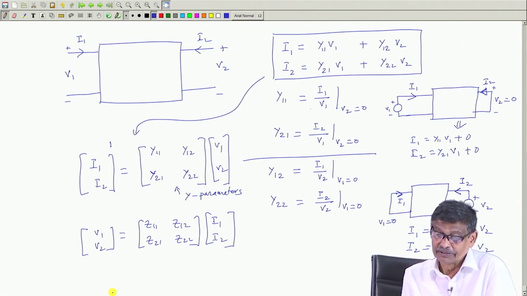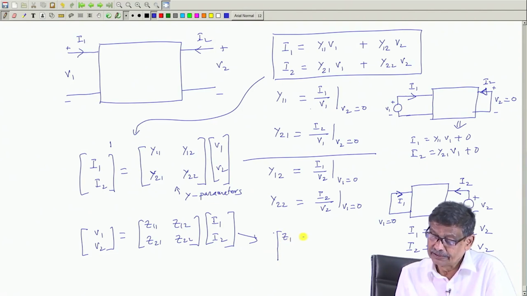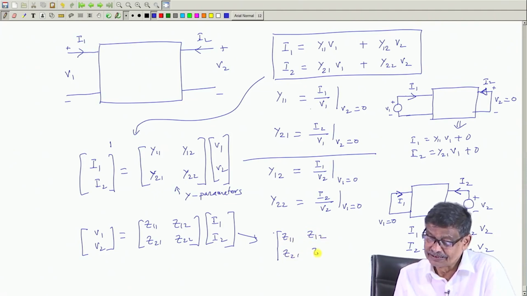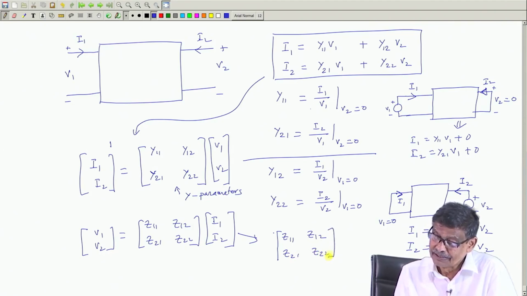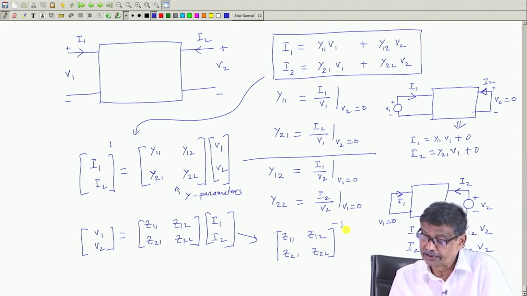Why not? Because after all, from this equation, this is the Z matrix. Multiply with Z inverse, the inverse of the matrix Z 1 1, Z 1 2, Z 2 1 and Z 2 2, pre-multiplying both sides.